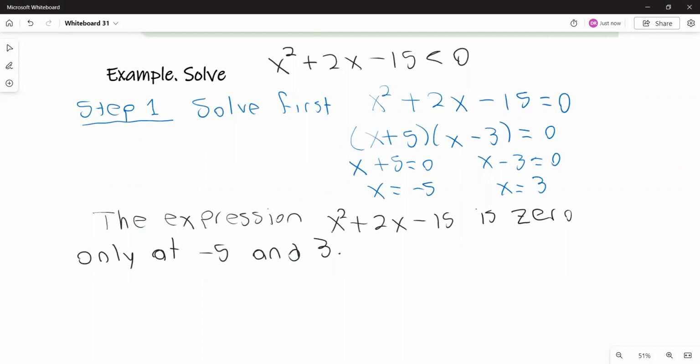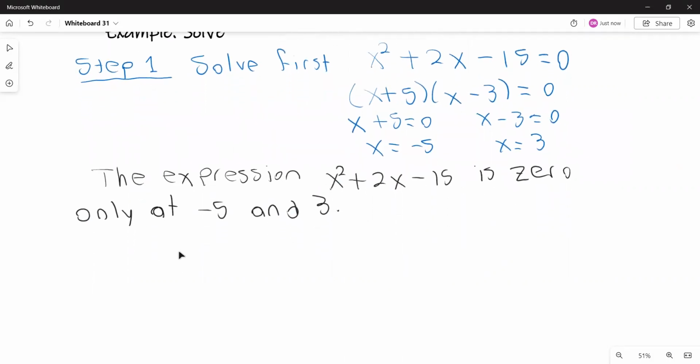Anywhere else is going to be positive or negative, and it's not going to change from positive to negative without becoming 0 first. So let's draw a number line.